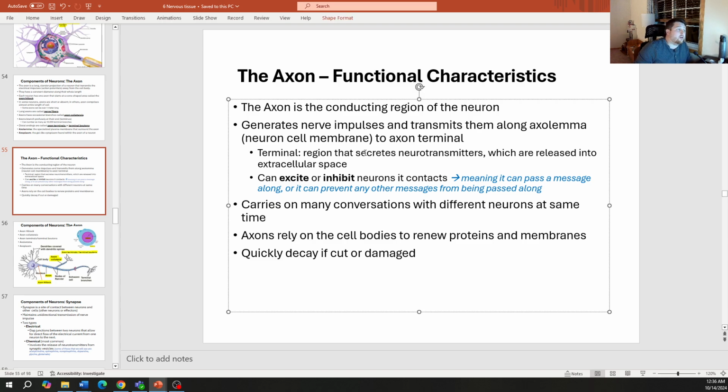So what I want you to know for right now is that these nerve impulses, or these action potentials, travel along the membrane, the axolemma. When it gets to the end, it gets to that axon terminal, it releases chemicals that then bind and pass along the message onto the next neuron.